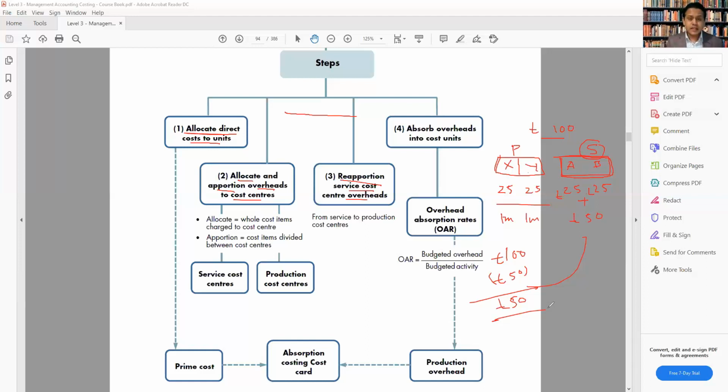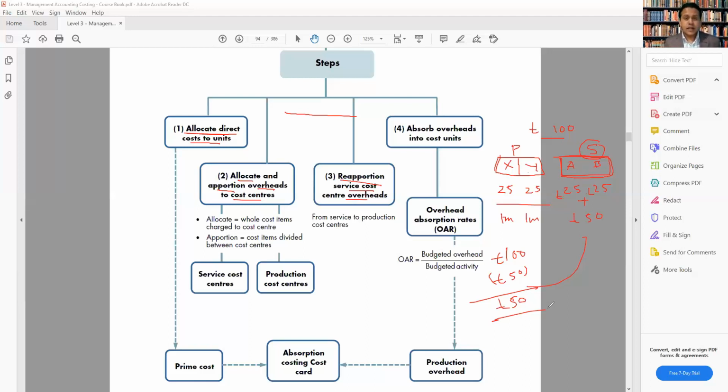So at the end, all this canteen department cost has to be covered from the production department. This is the thing we're going to do from here as well. All the service department cost, all the maintenance cost, later on we have to allocate to the production department. This one we're going to see maybe next week.